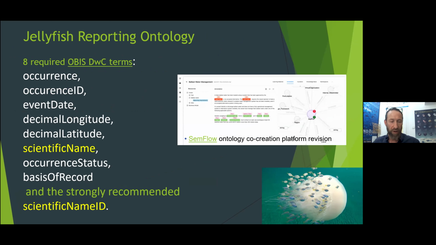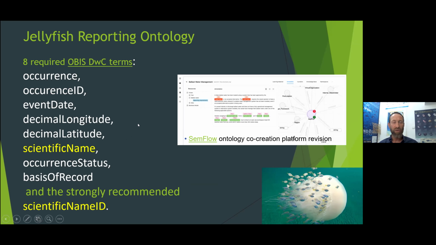First, we start with OBIS's 8 required terms. If you wonder why there's scientific name and also scientific name ID, it's because when we're talking about biology, there has to be reference to a standardized website like the AphiaID, either in GBIF or in several of the large repositories.